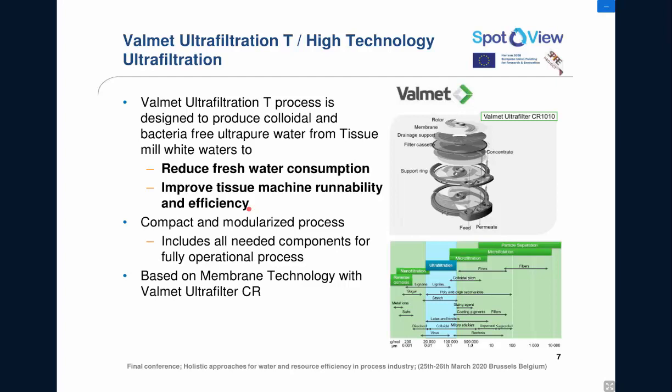We can reduce freshwater consumption, and because we are purifying the water, we can improve machine runnability, so fewer breaks when making paper or tissue paper in this case, and of course efficiency can go much higher because of these systems.